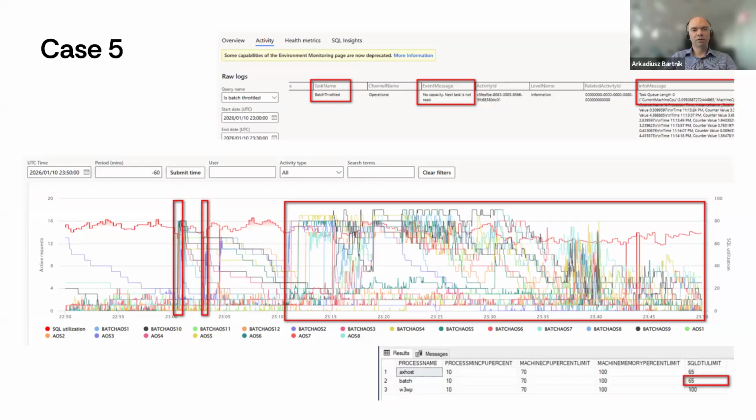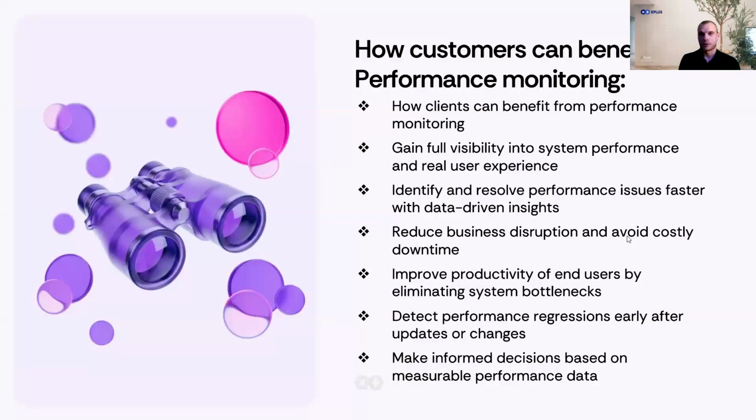Yeah, so one batch job was blocking every other batch job because of the threshold on the usage. But when the threshold was increased, even when multiple batch jobs are running at the same time, it's not causing problems. So yeah, performance problems in the solutions might be really different and interesting.